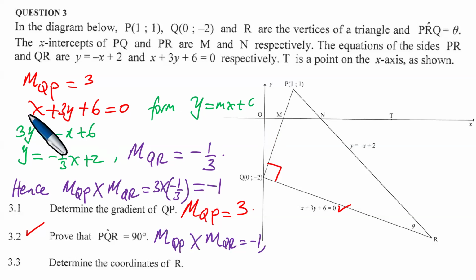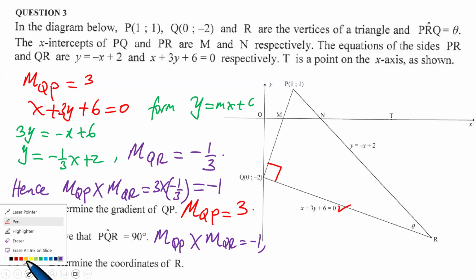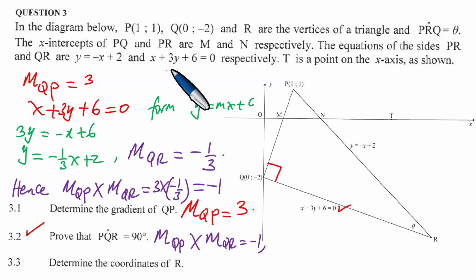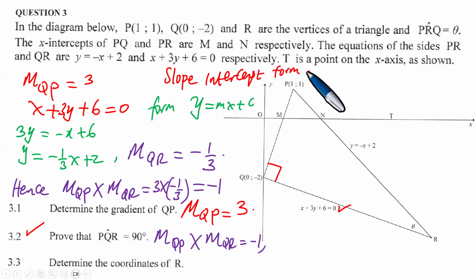If the equation of a line is written in this form, it is the required form y equals mx plus c, and this is called the slope-intercept form of the equation of a line.